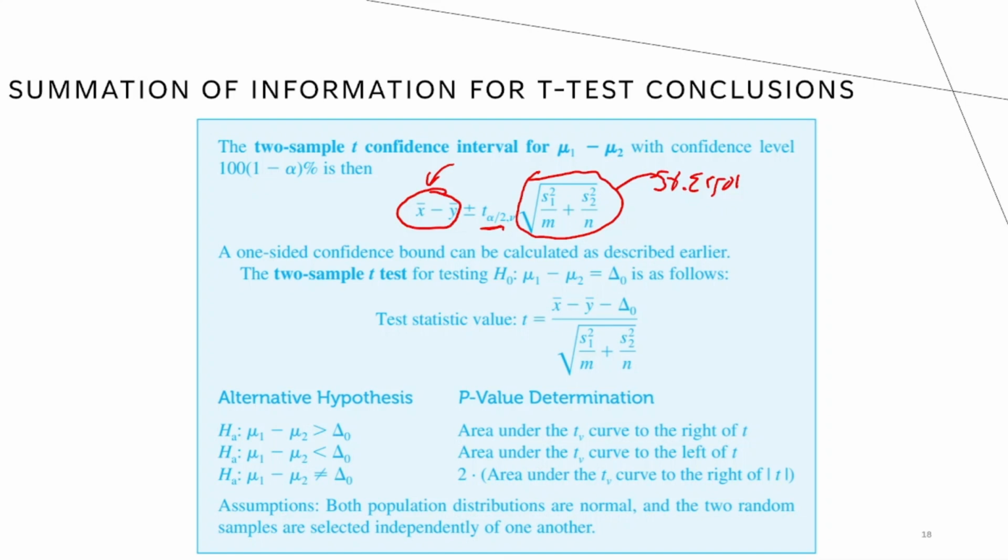Same idea, except we don't have alpha over two, we're using alpha, and it would be a plus or a minus instead of both. The test statistic is what we just looked at, and the implications of the different alternative hypothesis options are the same for p-value determination.